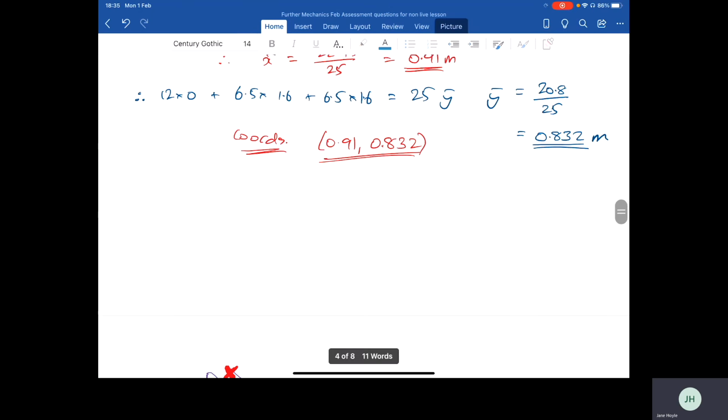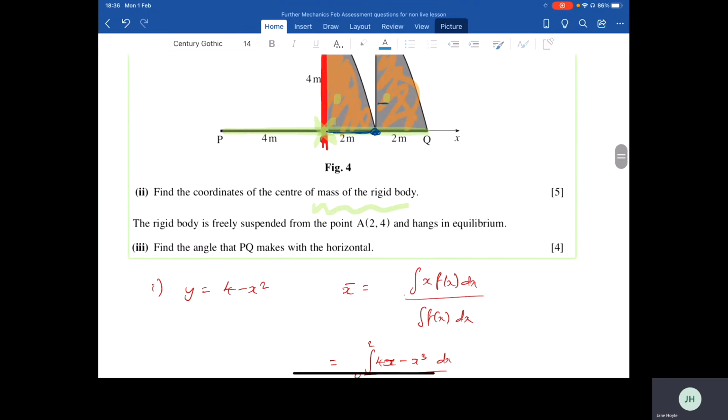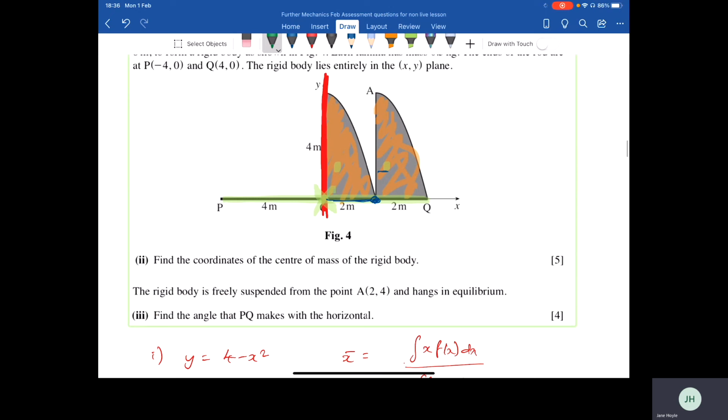So the very last part is to find the angle at which PQ makes with the horizontal. I should say first that the rigid body is freely suspended from the point A, which is at 2, 4. So 2, 4, this point A up there.